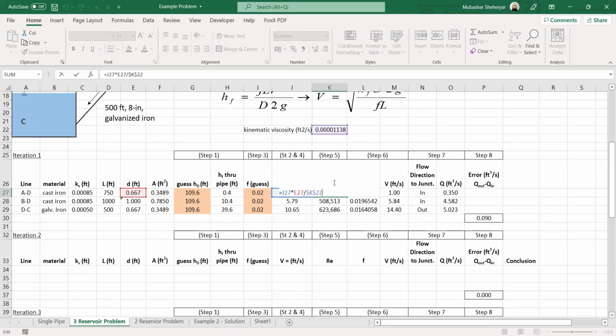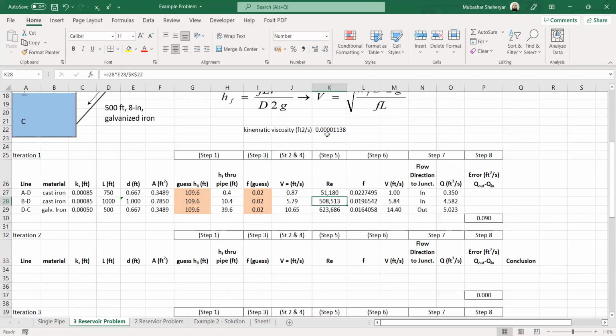The Reynolds number will be calculated by VD by nu, where V is the velocity, multiplied by D, divided by the kinematic viscosity.